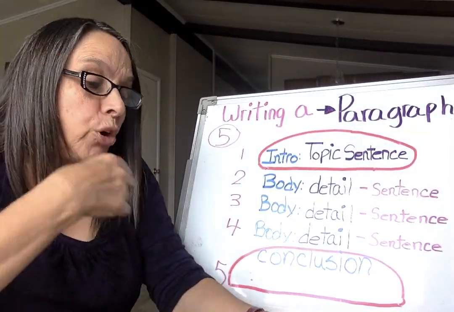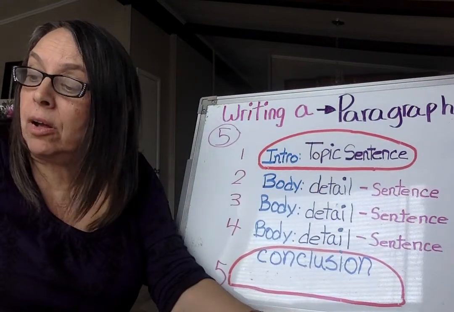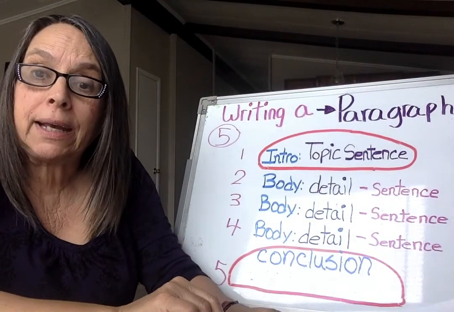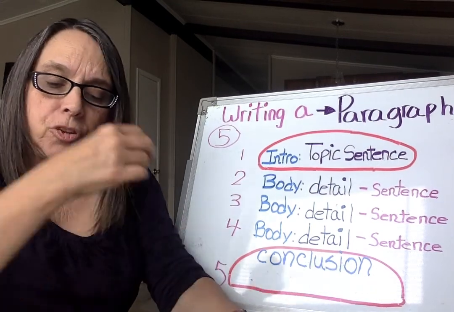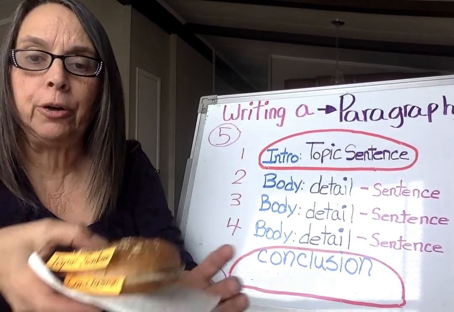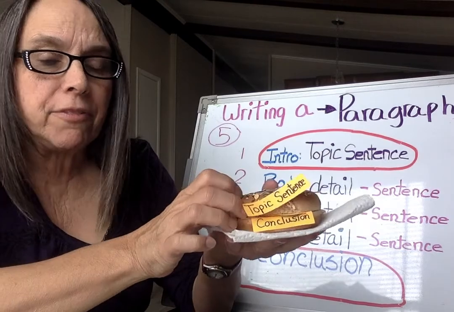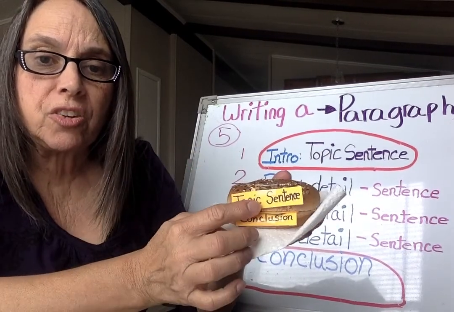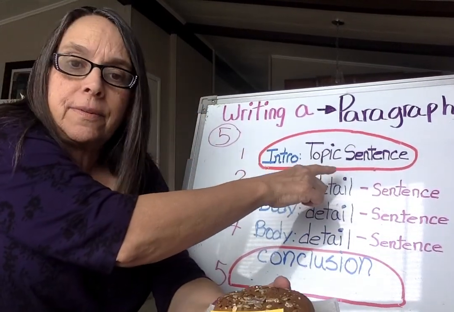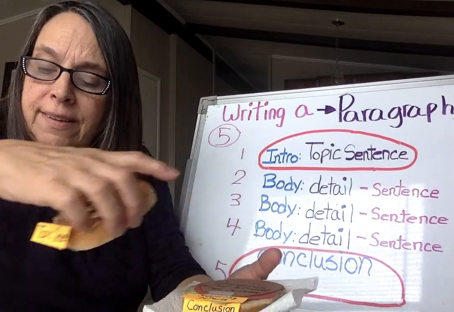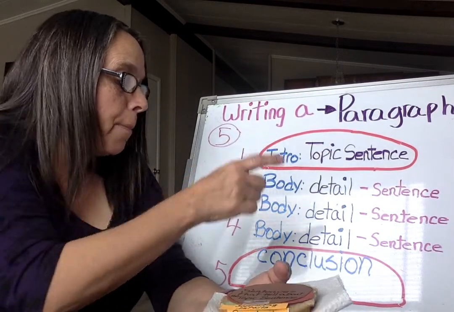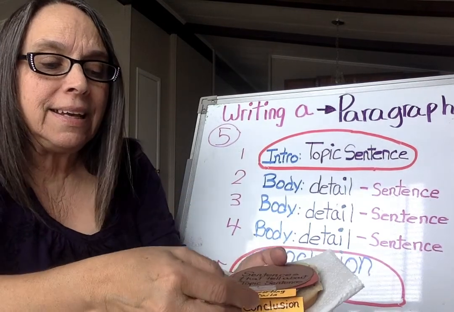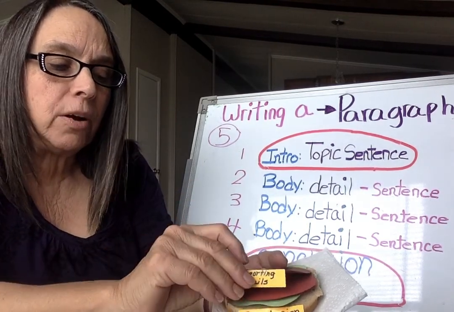Now, I've provided for you the details on what makes a good paragraph in your packet, okay? So you can think of it like a hamburger. So you have the top bun, which is the topic sentence. Then you look at the inside. This is what's inside. Okay, you have the top and the bottom bun, but the inside is supporting details.